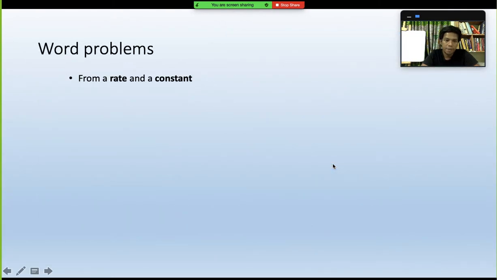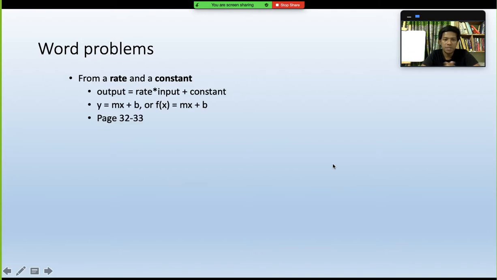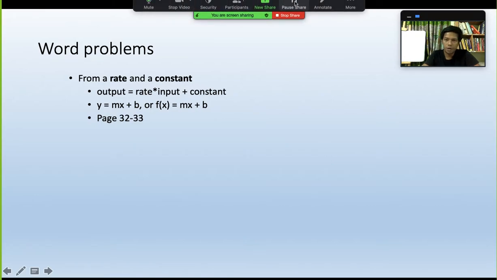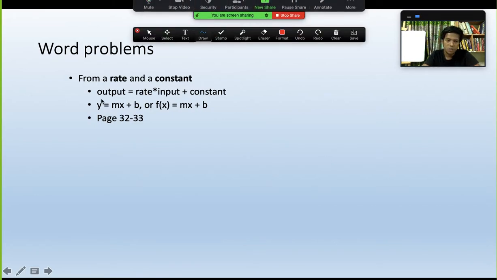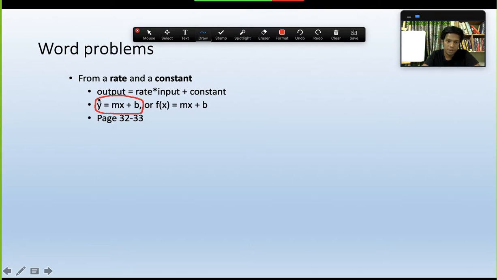So the linear model or linear function will look like this: y equals mx plus b, and this is the function form. You can represent it in either way, and both mean the same thing.